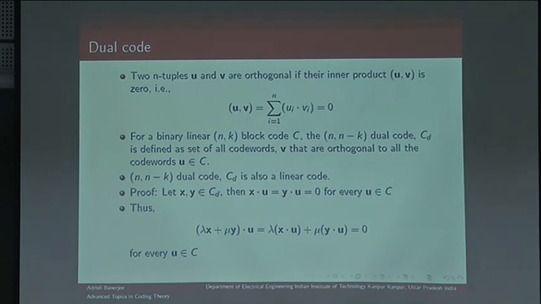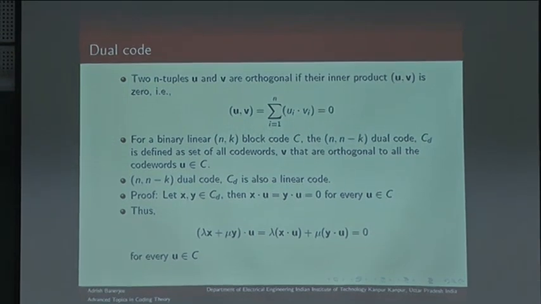And so, that proves the linearity property, because we said if x and y belong to dual code, then lambda x plus mu y also belongs to the dual code.